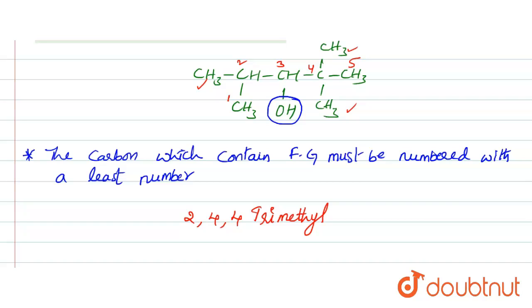Next, this is the secondary prefix. Since we have the root word, the root word is pent here because of 5 carbons. And we have a functional group. That's why it is pentane 3-ol. So AN represents all our single bonds. That is the primary suffix, and ol represents secondary suffix because of this functional group. So the name of the compound is 2,4,4-trimethylpentan-3-ol.